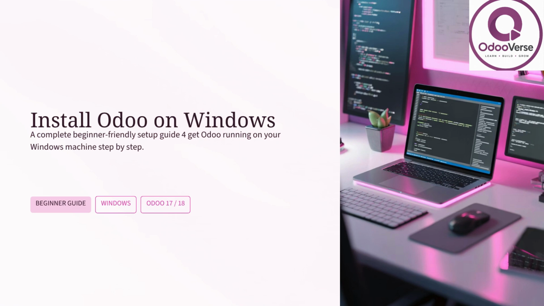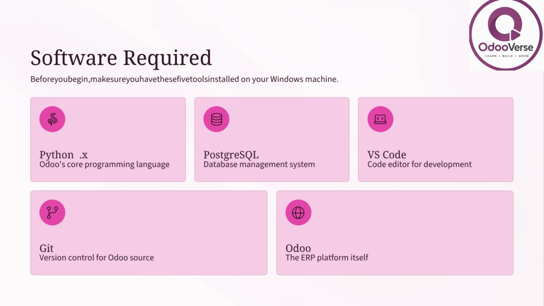So let's get started. Before installing Odoo, we need some important software tools. First is Python. Odoo is mainly built using Python, so this is required for backend development. Next is PostgreSQL. This is the database system where all Odoo data will be stored. Then we have VS Code.